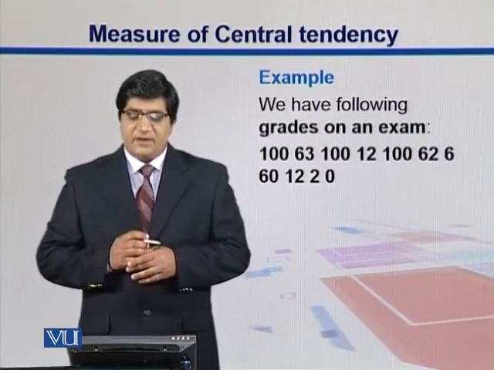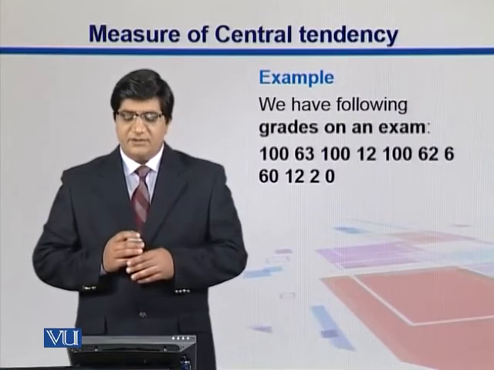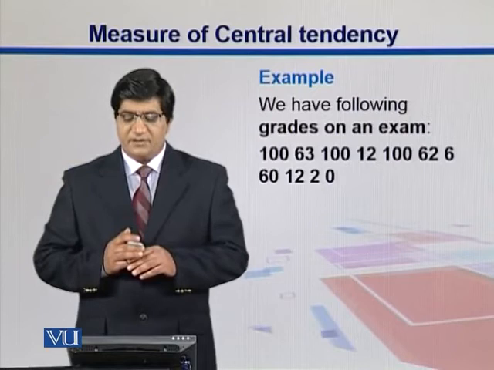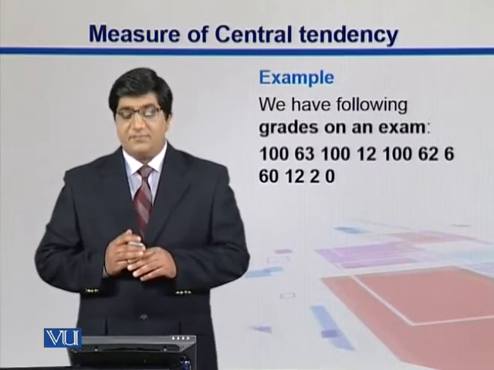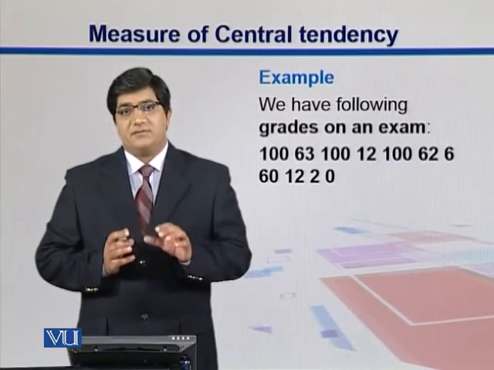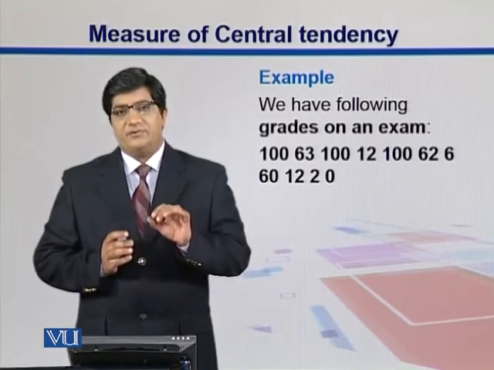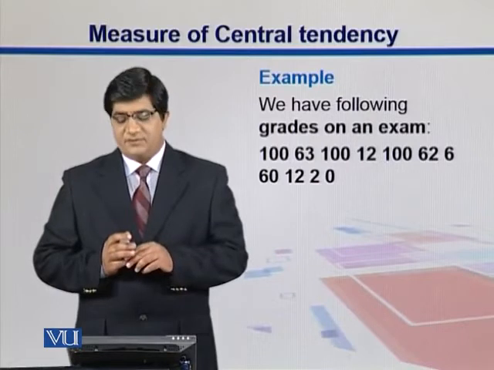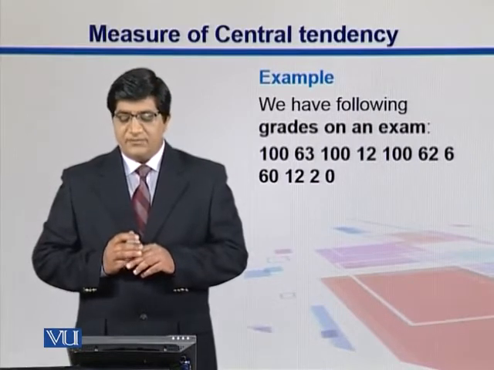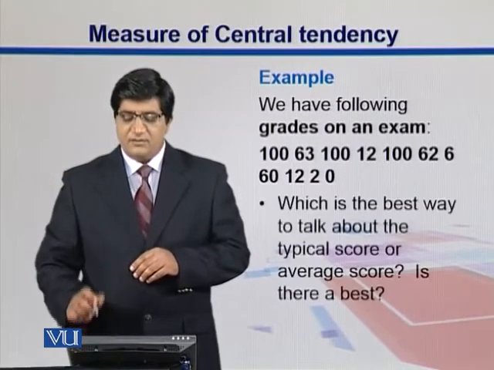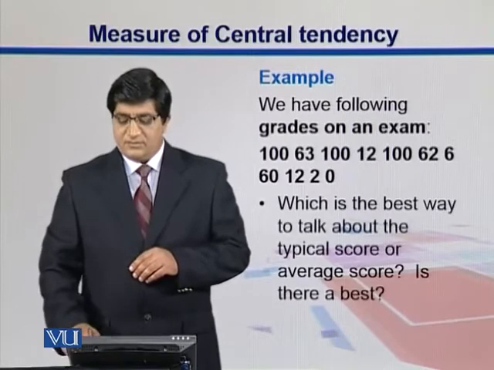In this simple example, let's elaborate all these three. For example, we have some grades coming from an exam, though this data is quite hard to read in order to find out where we should focus to describe the central tendency. First of all, we sort it.